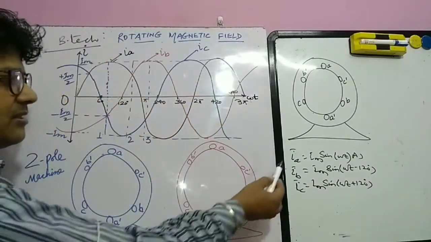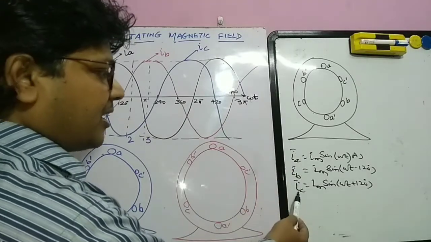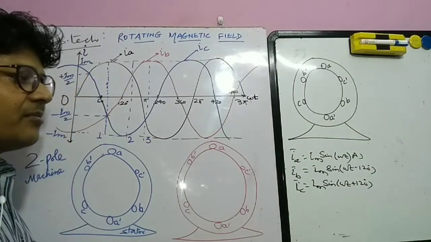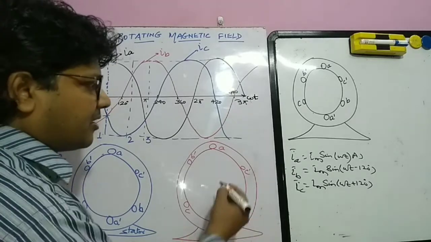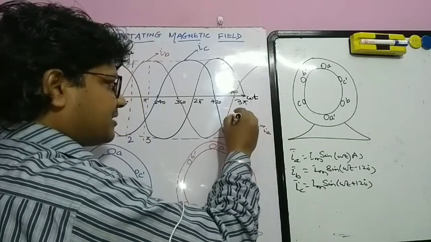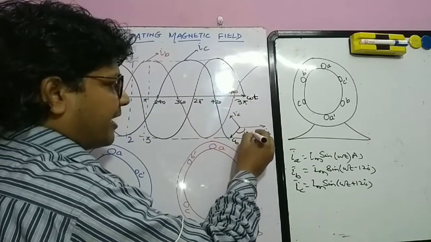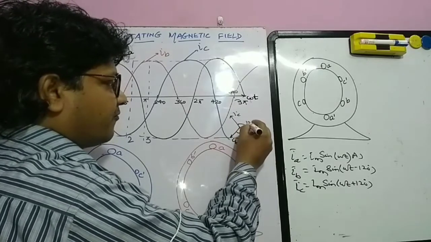So this is our reference phasor, IB is lagging IA by 120 degrees and IC is leading by 120 degrees. In precise terms, this is IA, this is IC and this is IB, all 120 degrees phase apart.